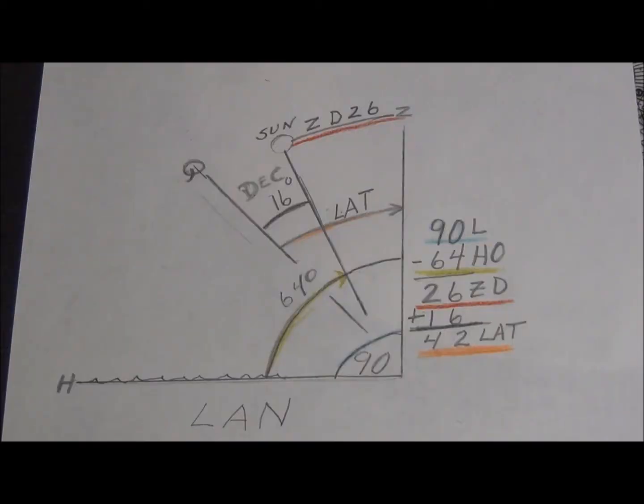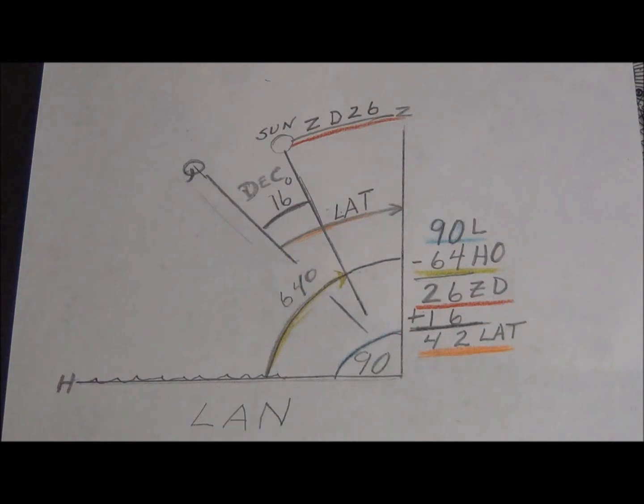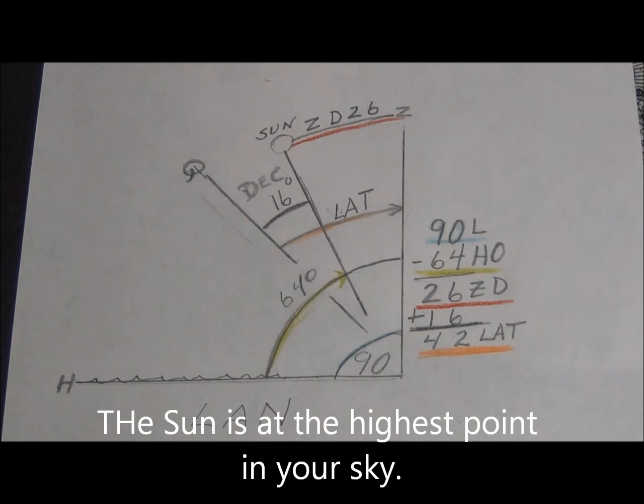The easiest problem with celestial navigation is called local apparent noon. Local apparent noon, or LAN, as it is commonly known, is when the sun travels from the horizon to your meridian, due south of you or due north of you, depending on your latitude.